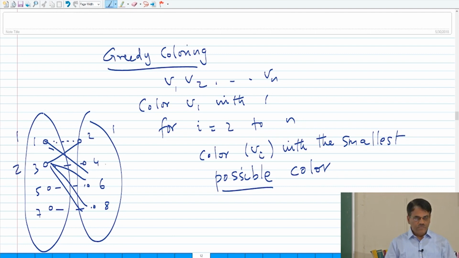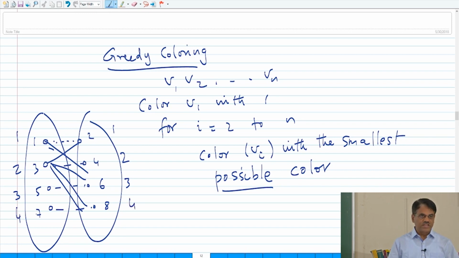Then I come to 4, 4 is adjacent to 1, so I can't use color 1, it is not adjacent to 3, so I can use color 2. Then I come to 5, 5 is adjacent to 2 and 4, so colors 1 and 2 are ruled out, so I have to give color 3. When I come to 6, 6 is adjacent to 1 and 3, so colors 1 and 2 are ruled out, but it is not adjacent to 5. So, I get 3. And you see that I can just go on adding this.